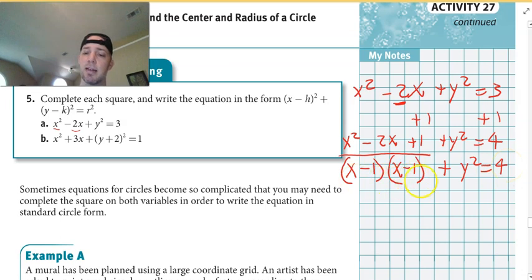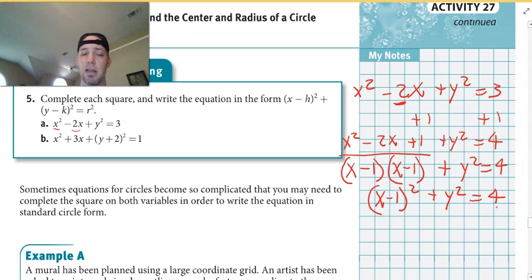And it should be the exact same thing, so I could rewrite x minus 1 times x minus 1 as x minus 1 squared. So if I needed the center, it'd be at positive 1, 0, and the radius would be the square root of 4, which is 2 for that one.